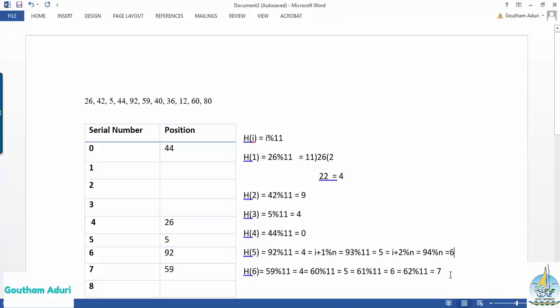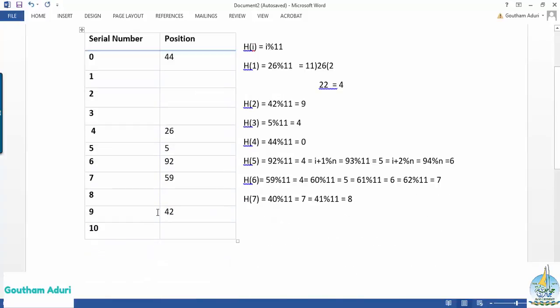So now again comes H of 7 is 40 mod 11, so it's going to be 7, but now we have to increment it by 1, 41 mod 11 33, and then it's 8, so we are going to get 8 for the 40.